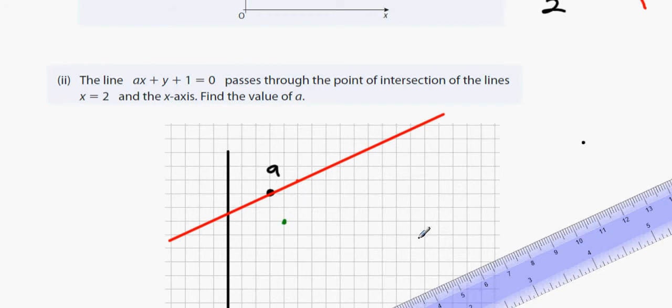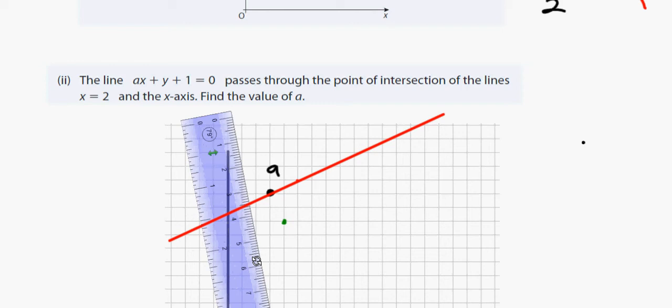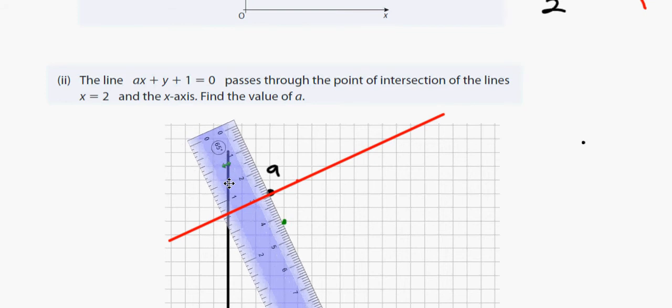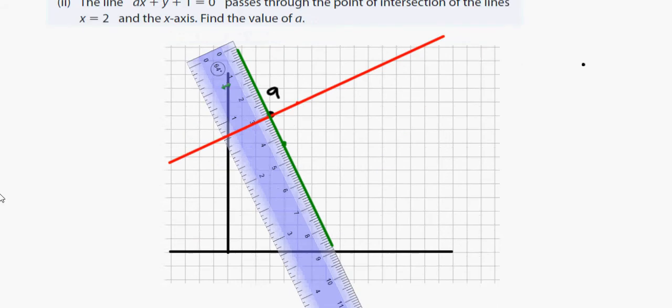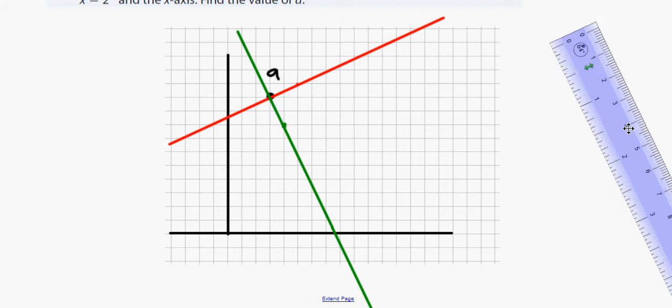And then all I got to do once again is rotate the ruler and draw a line through it that has a slope of -2. There we go, so there's our 2 lines now drawn, the slope of 1/2 and the slope of -2.